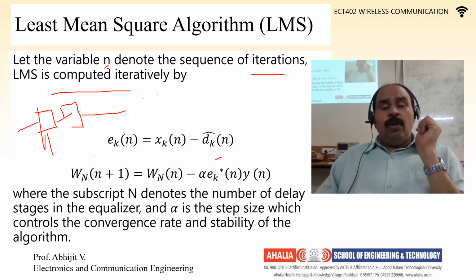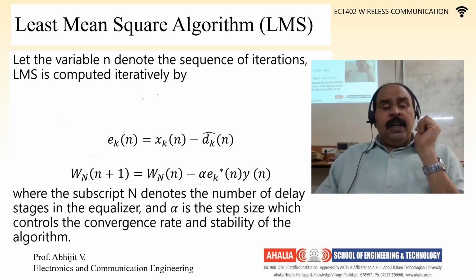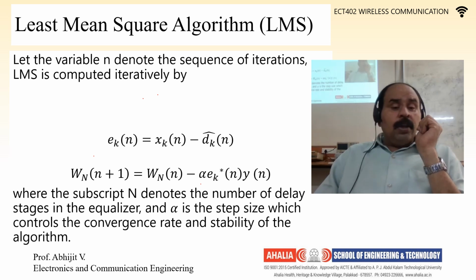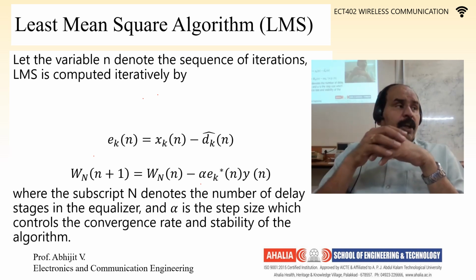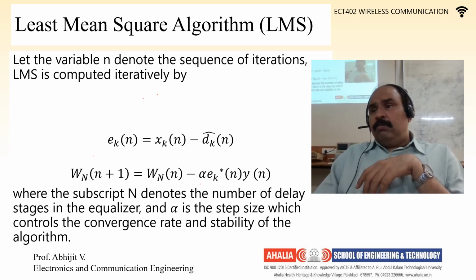In that case, we presume that n is the number of delay taps in the equalizer, and alpha is the step size which controls the convergence rate and the stability of the algorithm.